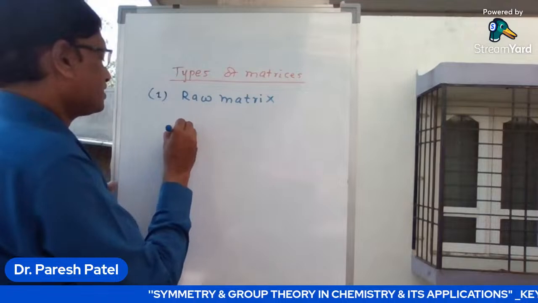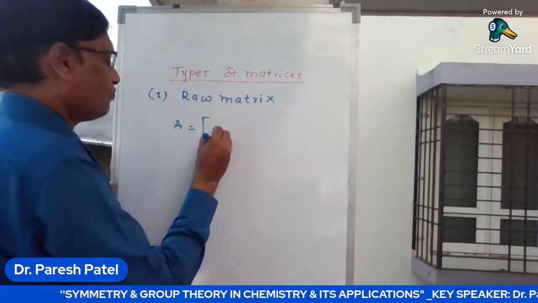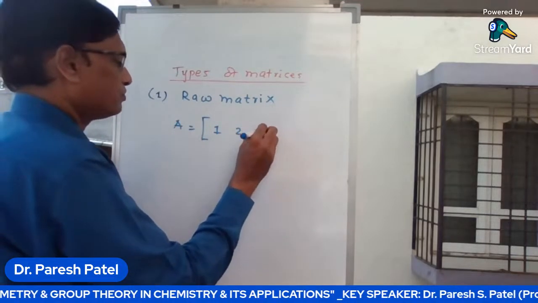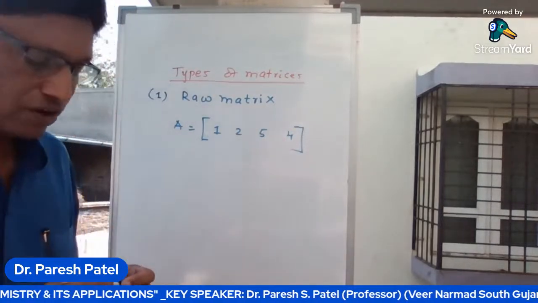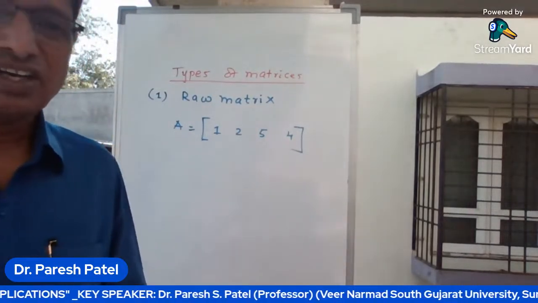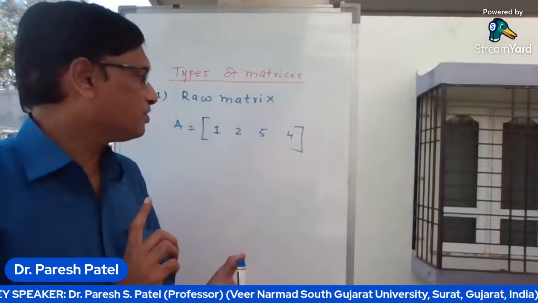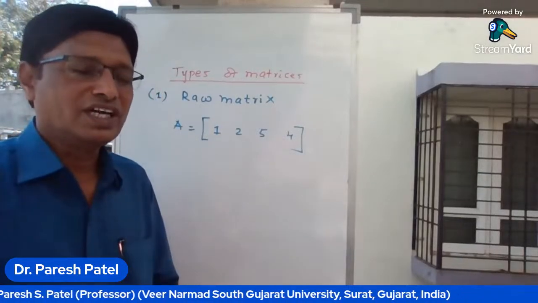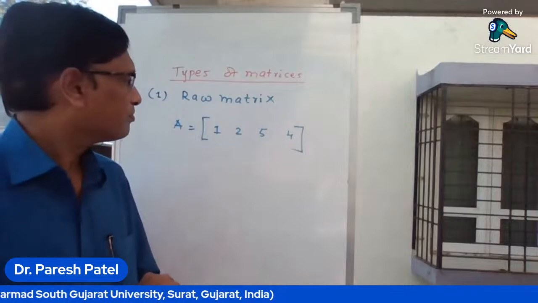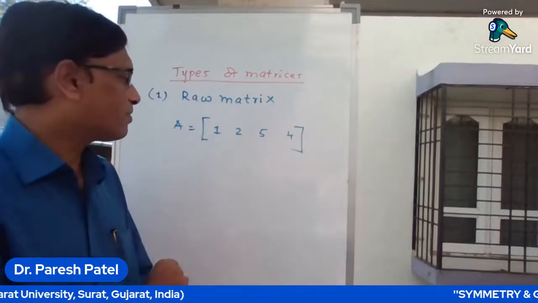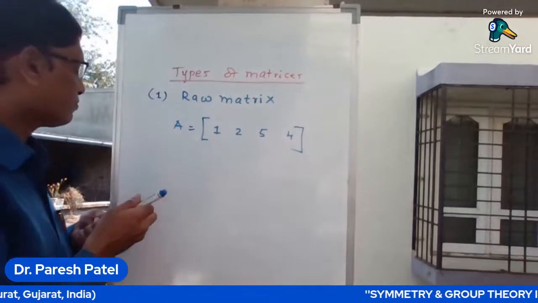Now, what is a row matrix? A is equal to 1, 2, 4, 5, 4. In a row matrix, the number of rows is equal to 1 and there are n columns. As for example, A is equal to 1, 2, 5, 4.